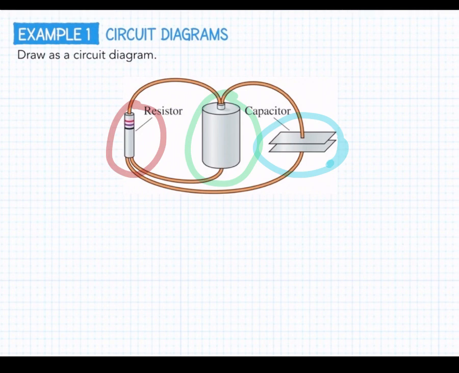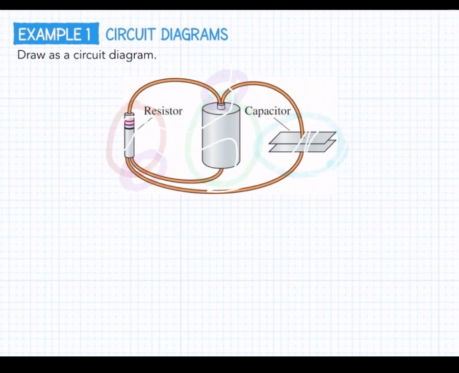That means they all share these two junctions, okay? So you can see there's a junction here at the top of the battery, and there's a junction here that connects to the bottom of the battery. And what that means is wires going from the top of the battery go out to the capacitor and the resistor, and wires going from the bottom of the battery connect to both the capacitor and the resistor, okay?